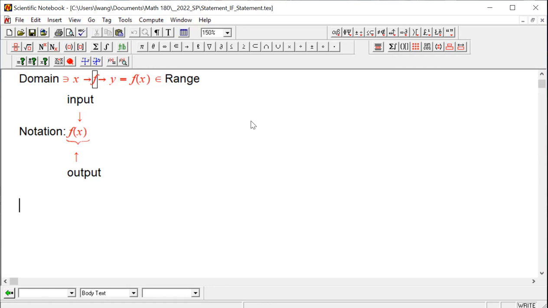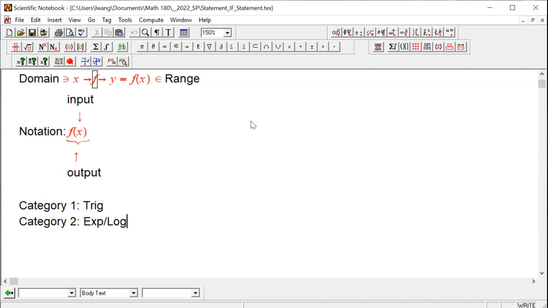The first category is trig questions, trigonometry. The second category is exponential and logarithm.